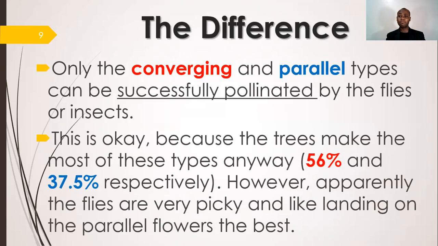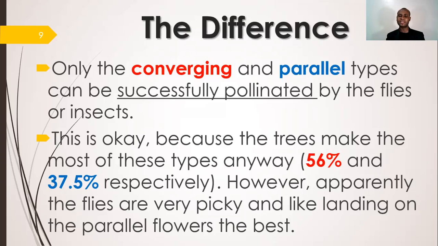All right, but we can say that this is okay because the cacao tree makes most of the other types of flowers. So what we are saying here is that about 56% and 37% of the flowers are convergent and parallel.